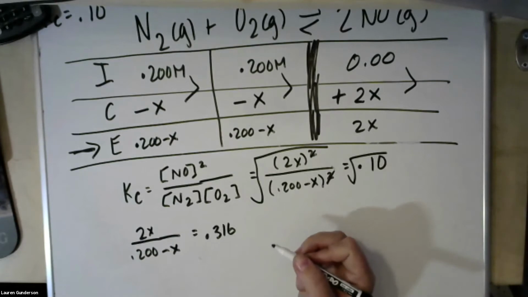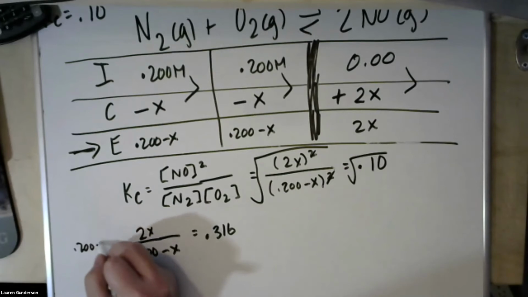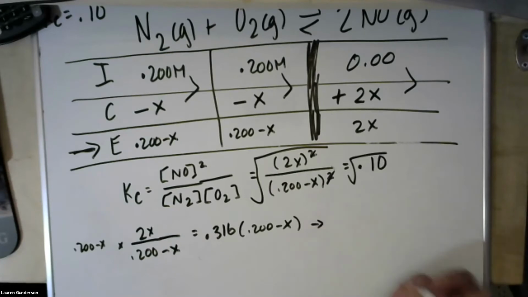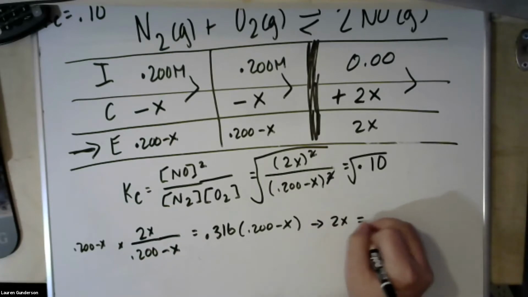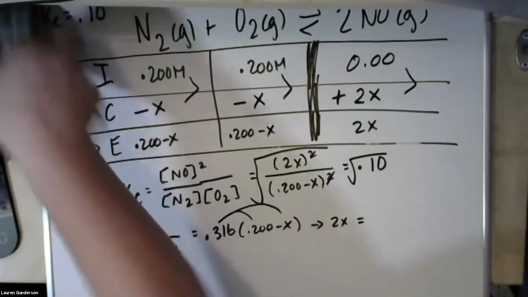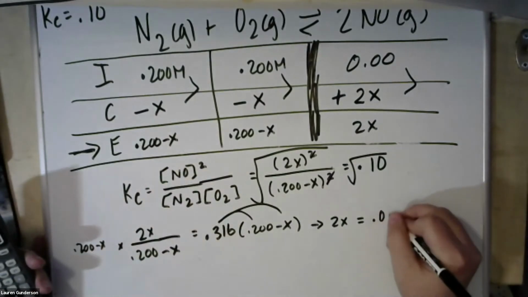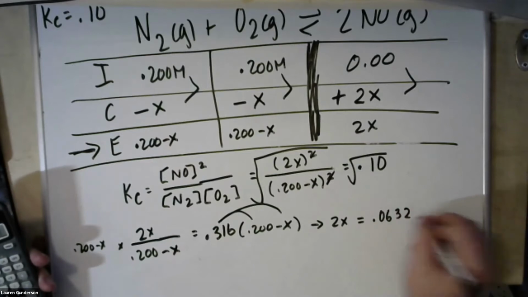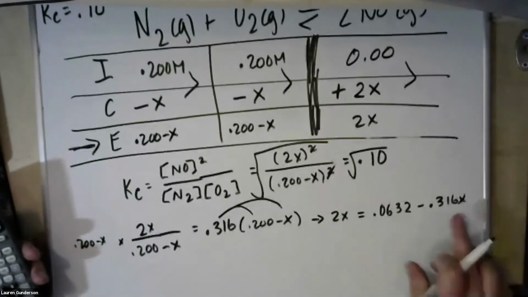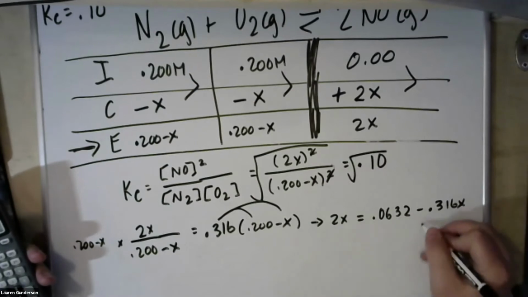All right, so now we're going to be solving for x. The first thing I'm going to do is multiply both sides by 0.200 minus x. And I'm going to rewrite that. So 2x is going to equal, remember to distribute that 0.316. Okay, and now I'm going to add the x to this side, so I have x's on one side and not x's on the other side.